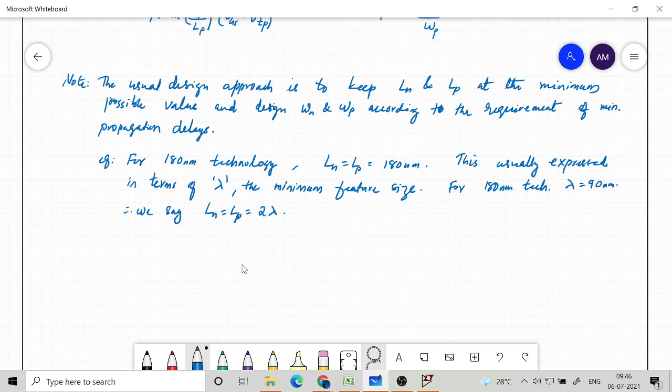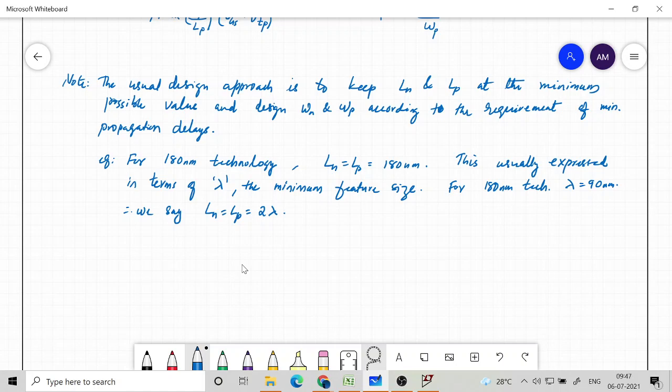So that is the normal way of specification. When you draw the layout, you will see that the minimum variation that you can make in any dimension, length or width or whatever, is lambda. So for 180 nanometer, the minimum possible variation allowed is 90 nanometer.